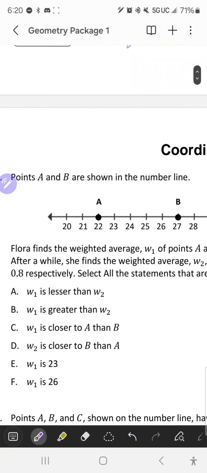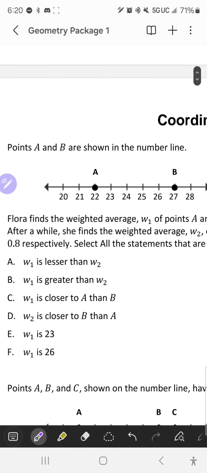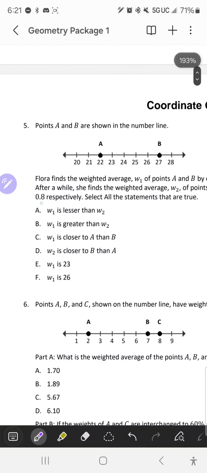Now, here we have another number line with points A and B. But now it's a problem and we have 6 different choices. So we need to read the problem and analyze what we need to do.